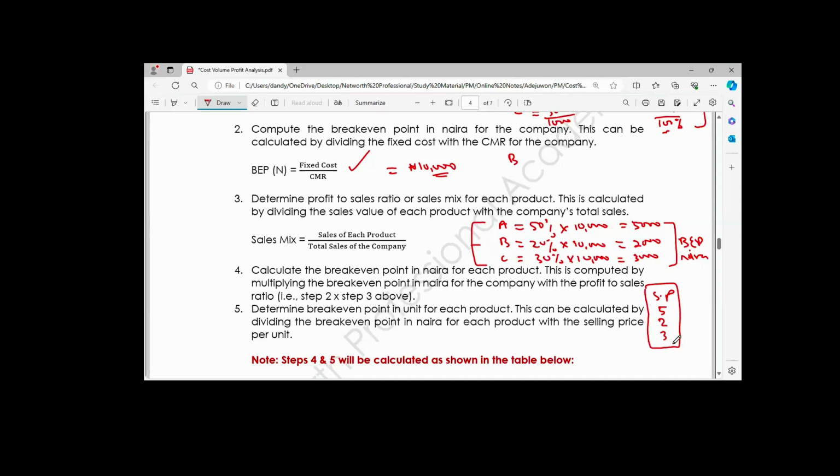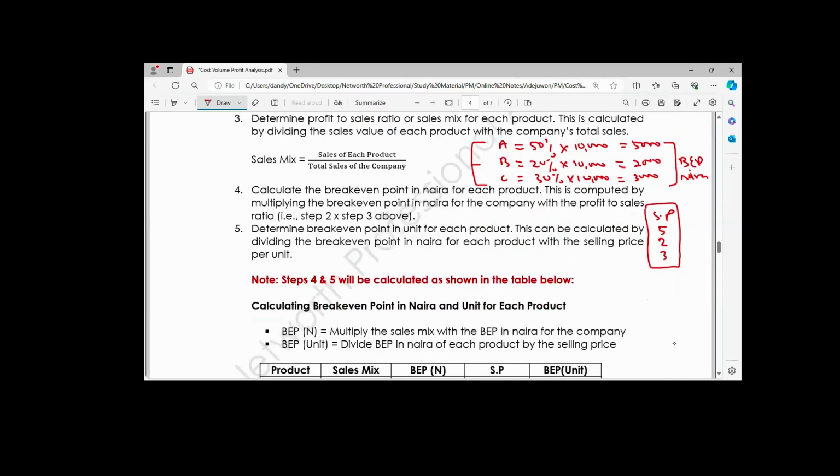So to calculate the break-even points in units for each product, I would then say for product A, I'm going to divide the break-even points in Naira of 5,000 by 5 Naira selling price. So I'm going to have 500 units.